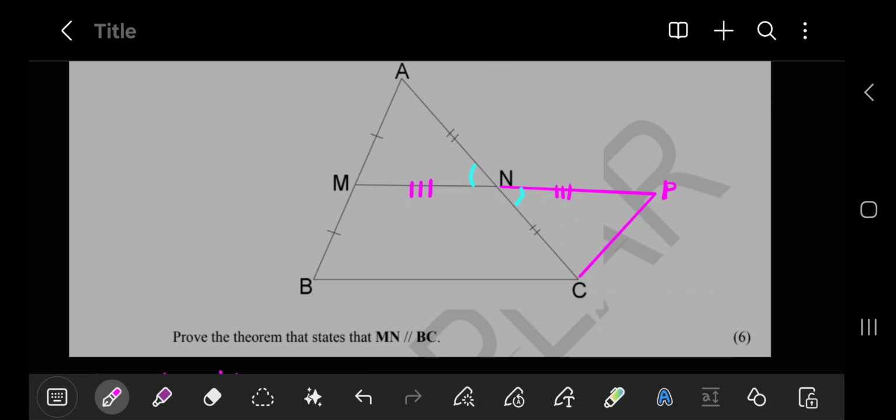Congruency, remember, means that these two triangles are exactly the same. So if they're exactly the same, where we have AM, AM would be the same as PC. And remember, AM is also equal to MB. So let's actually mention this. Let's mention that AM is equal to PC, since the triangles are congruent.